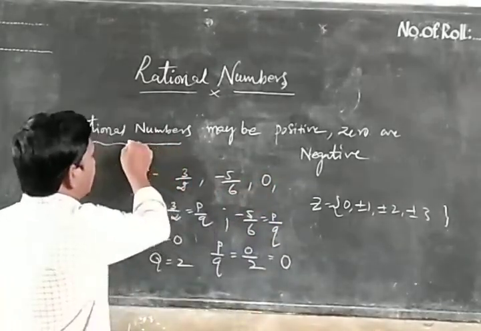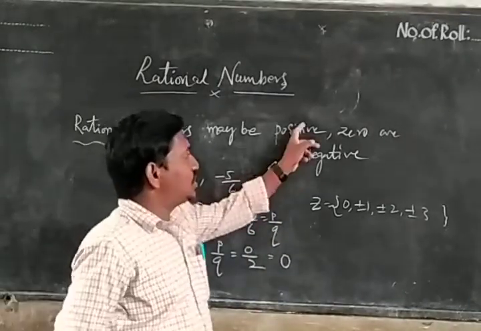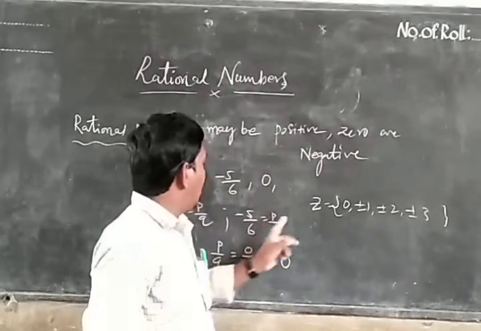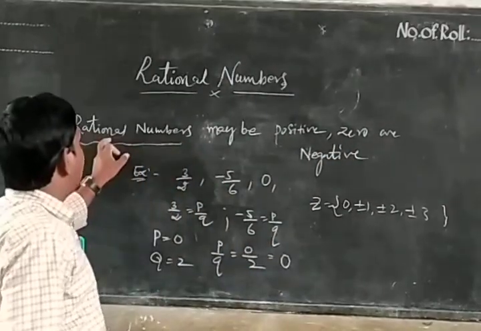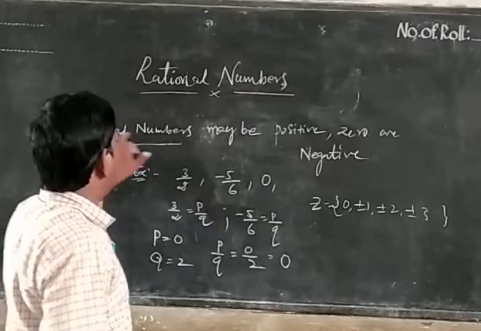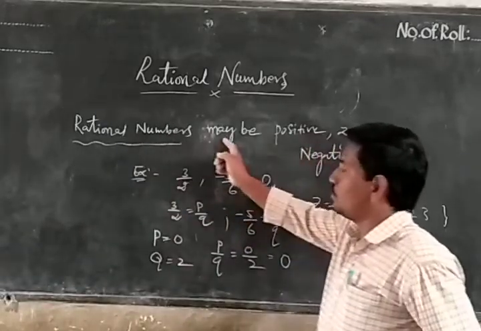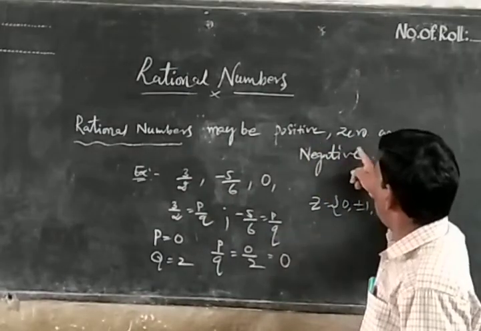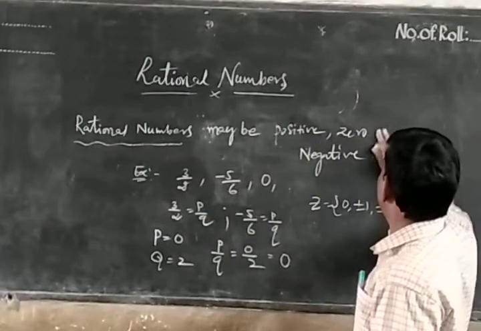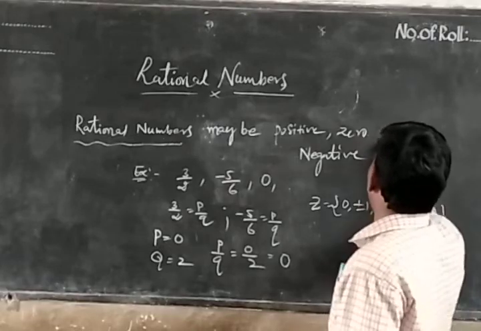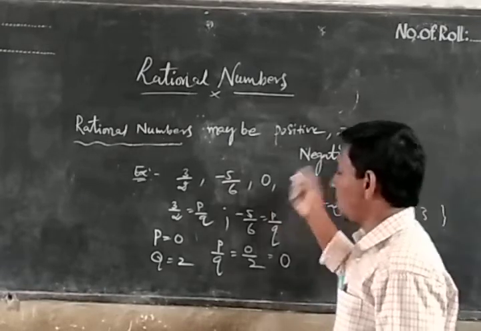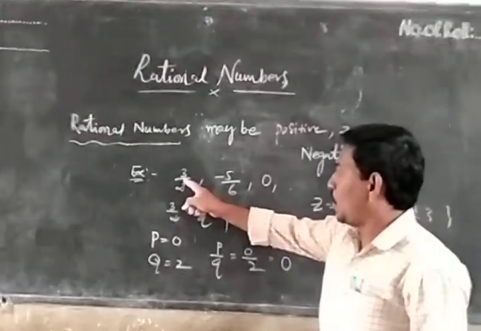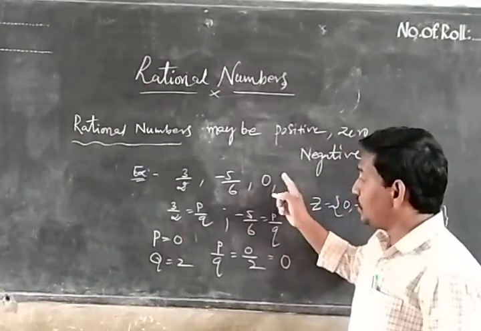So rational numbers may be positive, 0 or negative.